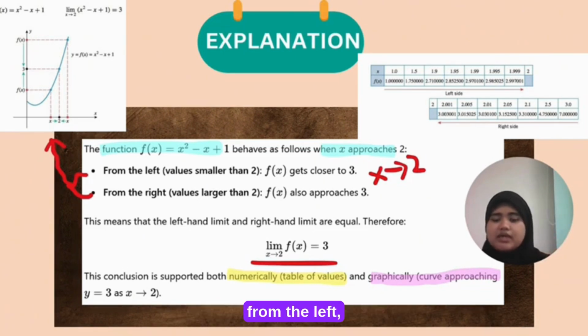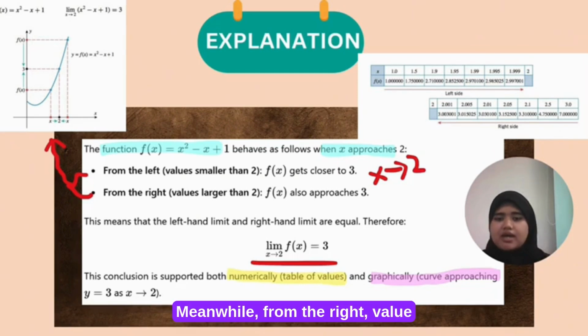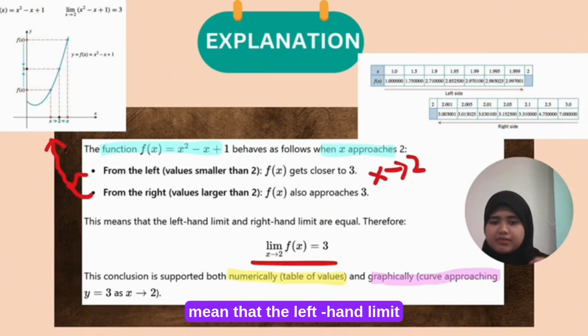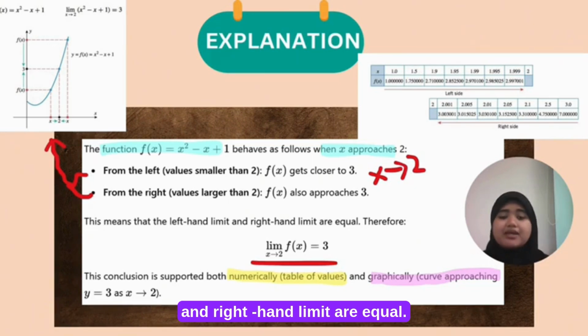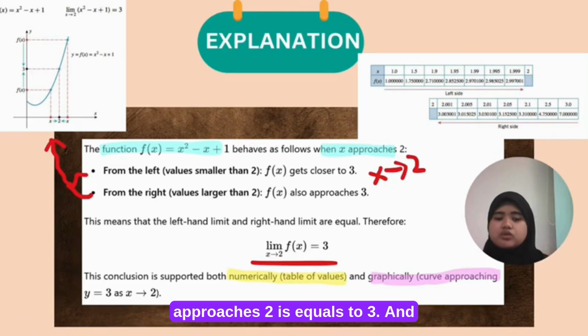So we can say that from the left, with values smaller than 2, f(x) gets closer to 3. Meanwhile, from the right, with values larger than 2, f(x) also approaches 3. It means that the left-hand limit and right-hand limit are equal. Therefore, the limit of f(x) as x approaches 2 is equal to 3.